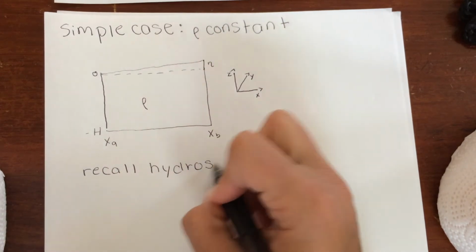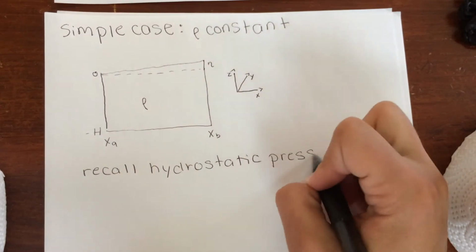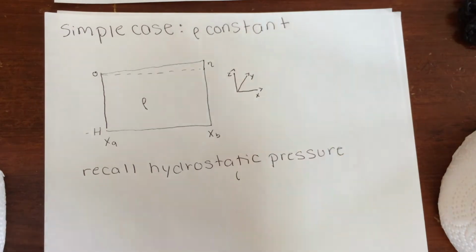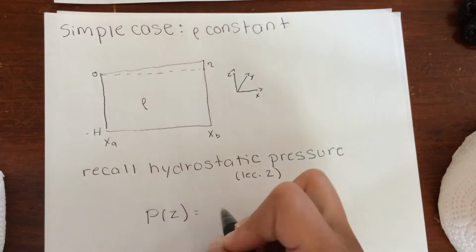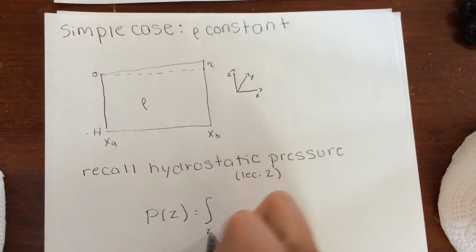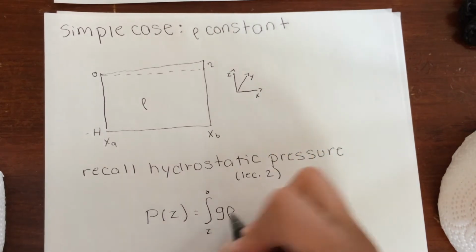In order to calculate pressure, we will recall the hydrostatic pressure equation from Lecture 2. This says that pressure at depth z is equal to the weight of the overlaying water at that depth.